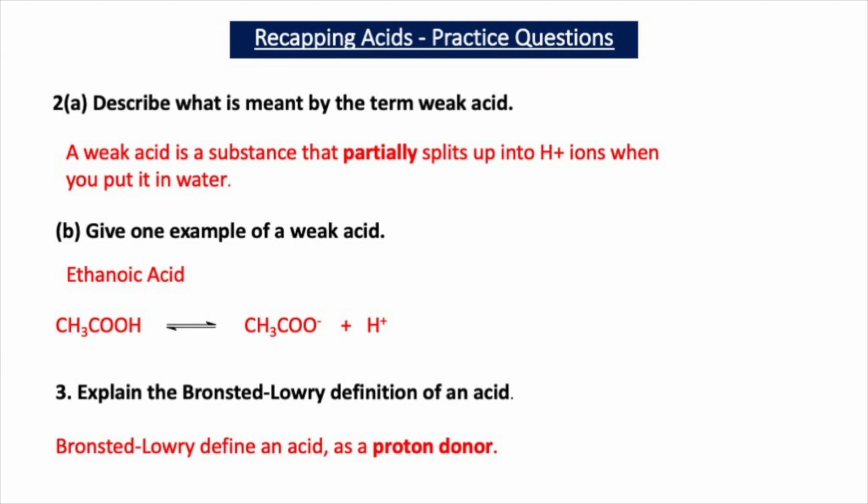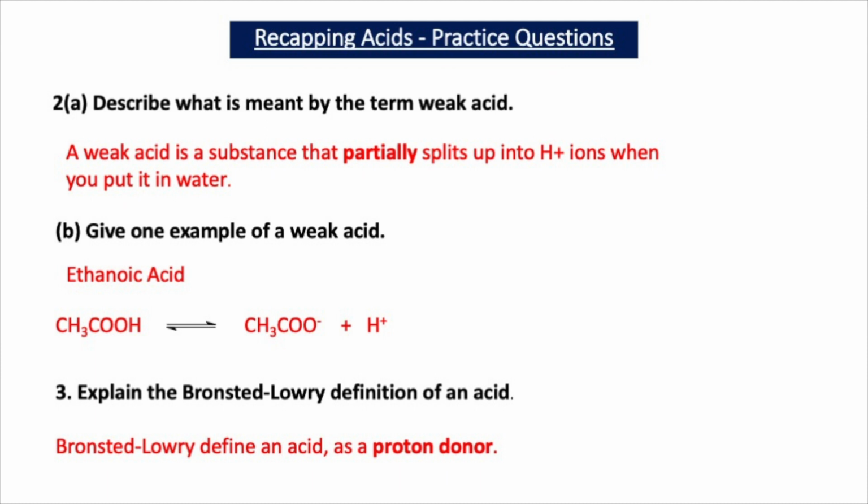And if you think about ethanoic acid splitting up compared to hydrochloric acid splitting up, if I had 1,000 molecules of hydrochloric acid, I would have 1,000 H pluses because they would all split up. And typically, for every 1,000 molecules of ethanoic acid, there's only about 4 split up at any one time. So you can see that there's a lot more H plus ions produced from a strong acid than a weak acid.